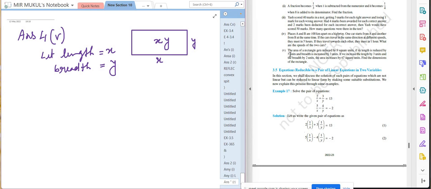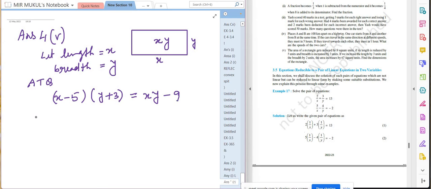Now first condition. According to the question, the area of the rectangle gets reduced by 9 square units if its length is reduced by 5 units and breadth is increased by 3 units. Then xy will reduce by 9.